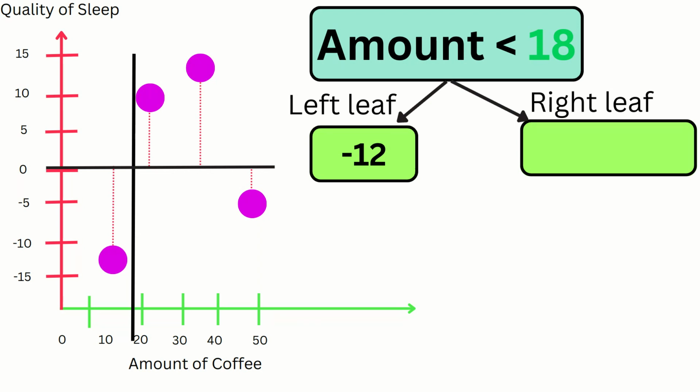Here, the residual of the left observation is -12, so we put it in the left leaf. On the other hand, all the remaining residuals located to the right of the threshold line are assigned to the right leaf. Here we can see 9, 13 and -4. All these residuals are in the right leaf.